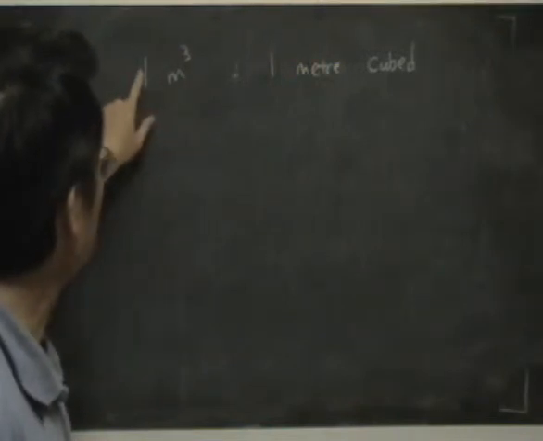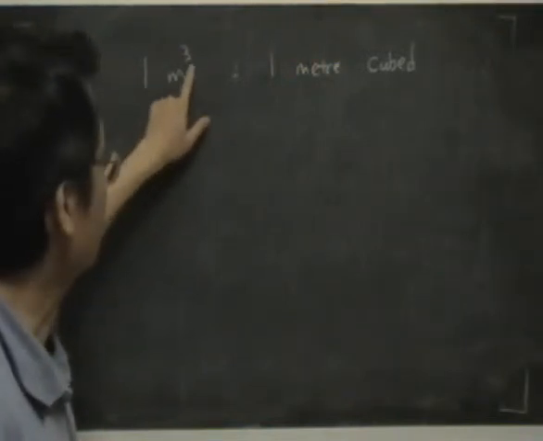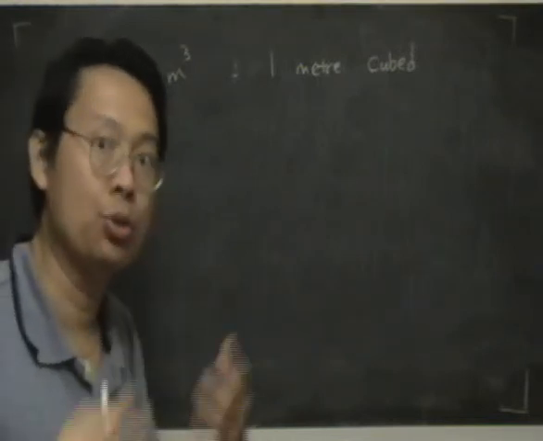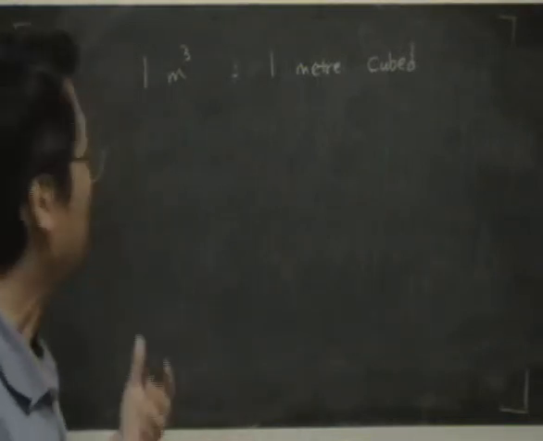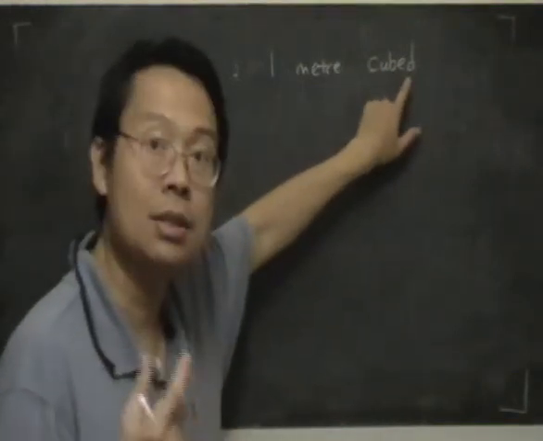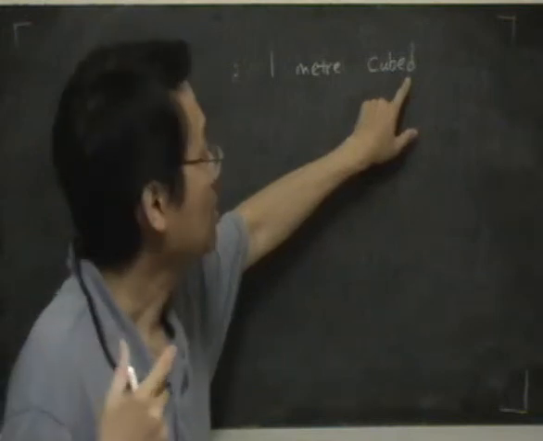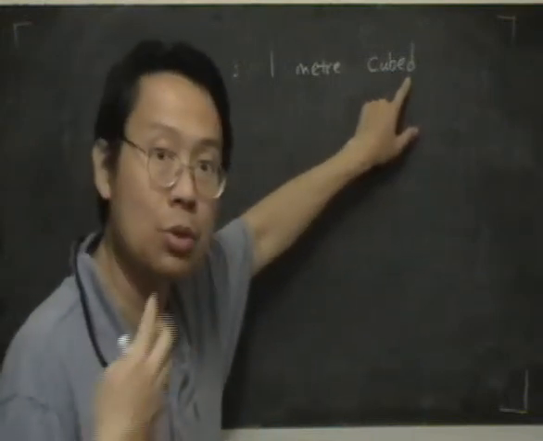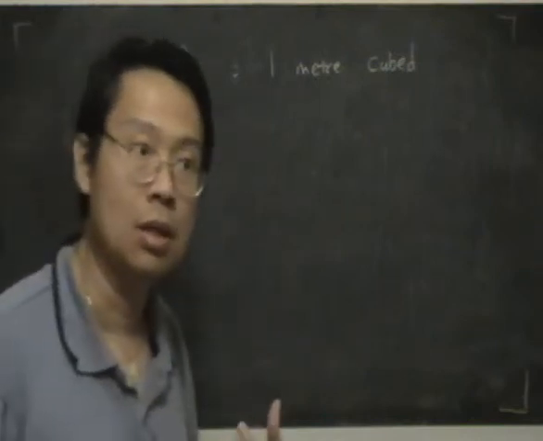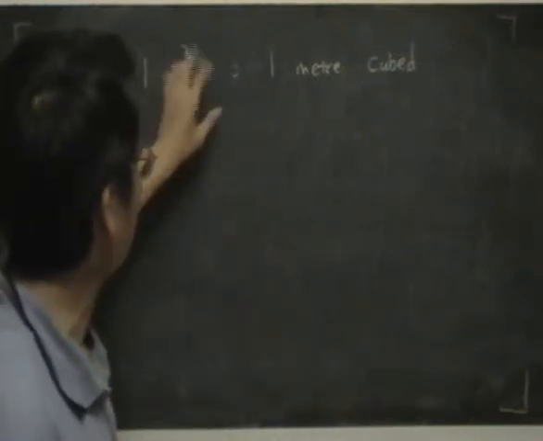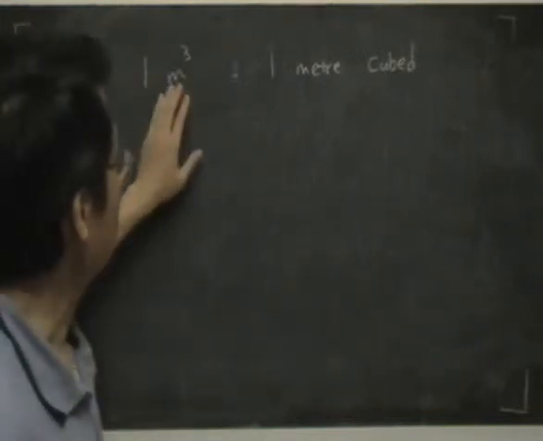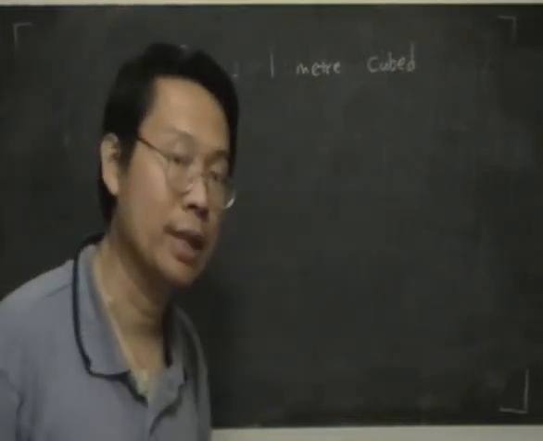There's a 1, there's a meter, there's a cubed. So the meter is being cubed. It becomes a cube. So we are talking about cubed as in it's a past tense. You are doing something to the meter. You're raising it to the power of 3. So that's one way to read this.